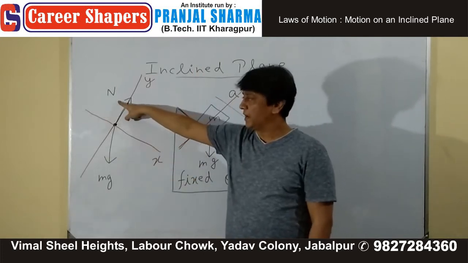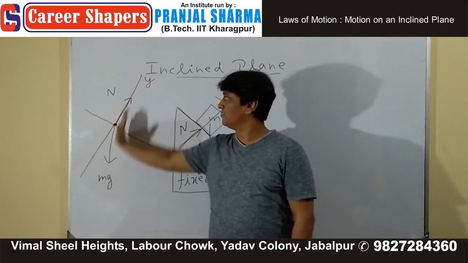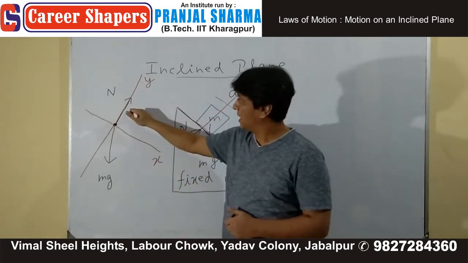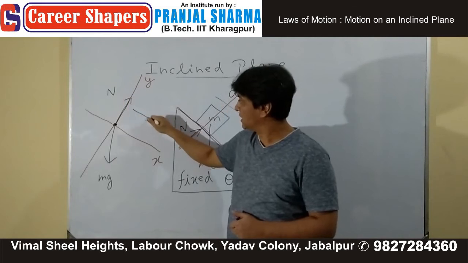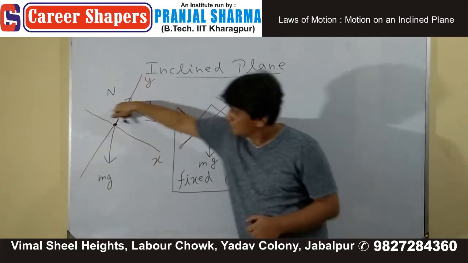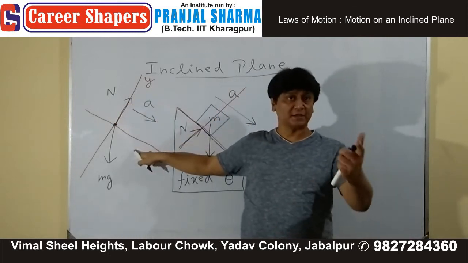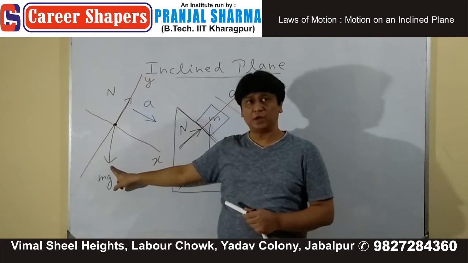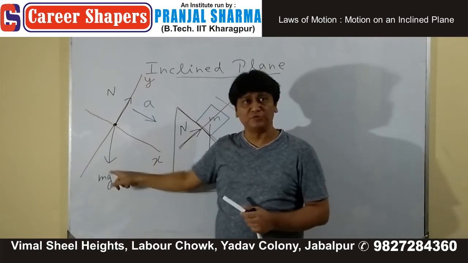Well, you can see N is already in this direction. We know that acceleration is in this direction. इसी के बेस पर एक्सिस डिसाइड किया है, तो बचा कौन? mg. We have to resolve this mg.